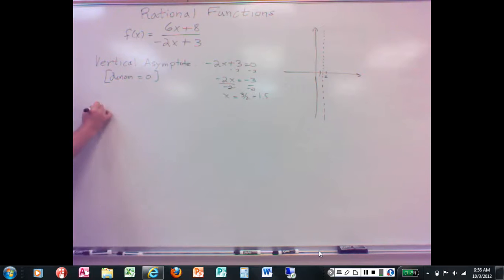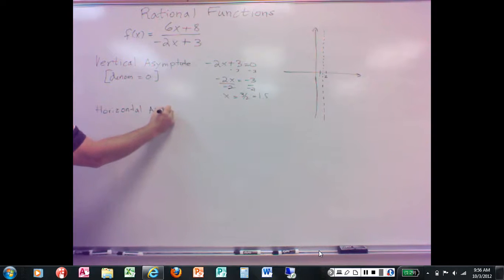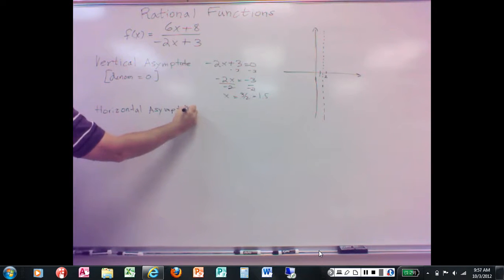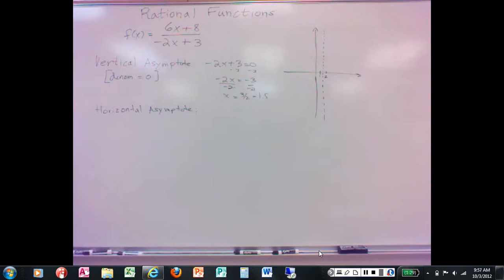But let's go ahead and do the horizontal asymptote. For one such as this, we look at dividing: y equals a over b, where a and b are the leading coefficients.